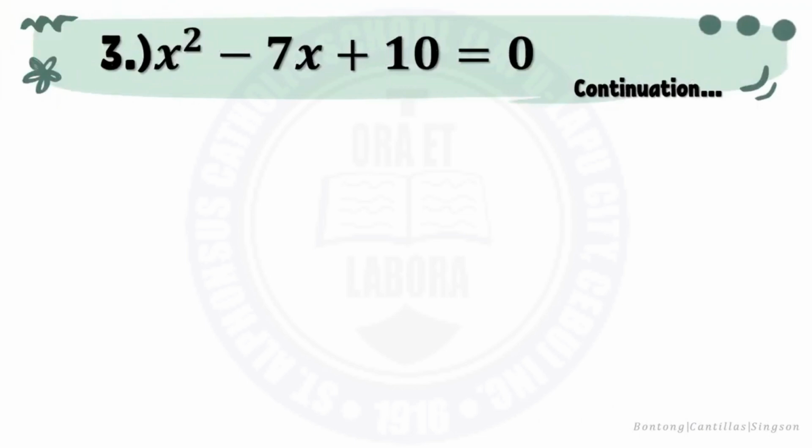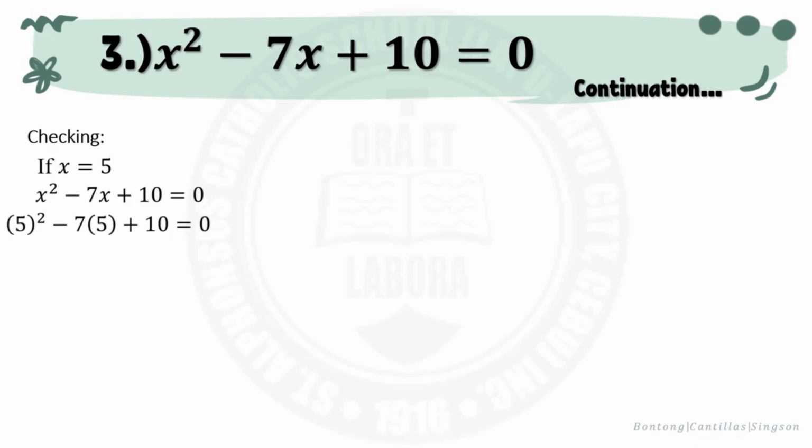Now, let's do the checking and conclusion. If x = 5, write the given and substitute the value of x. So you will have 5 squared minus 7 times 5 plus 10 equals 0. Do it term by term. You start with 5 squared, that's 25.